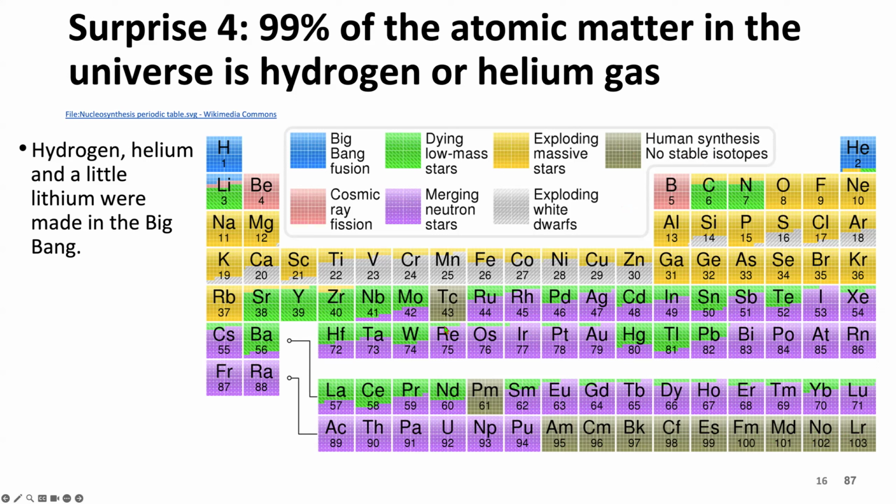But you can see here, we now have good agreement between this periodic table and its indication of where these various elements came from. Like xenon here results from low mass stars exploding and neutron stars merging.